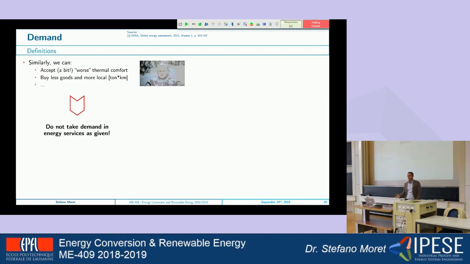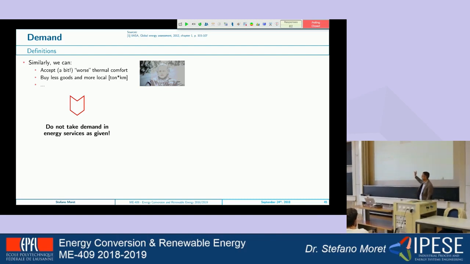Similarly, again looking at the energy service, we can accept a little bit worse thermal comfort. We do not necessarily need 16 degrees in our houses in summer. Raising that temperature has a big impact on energy consumption. And for example, if we want to impact the consumption of freight transport, we can buy fewer goods and buy them more locally.